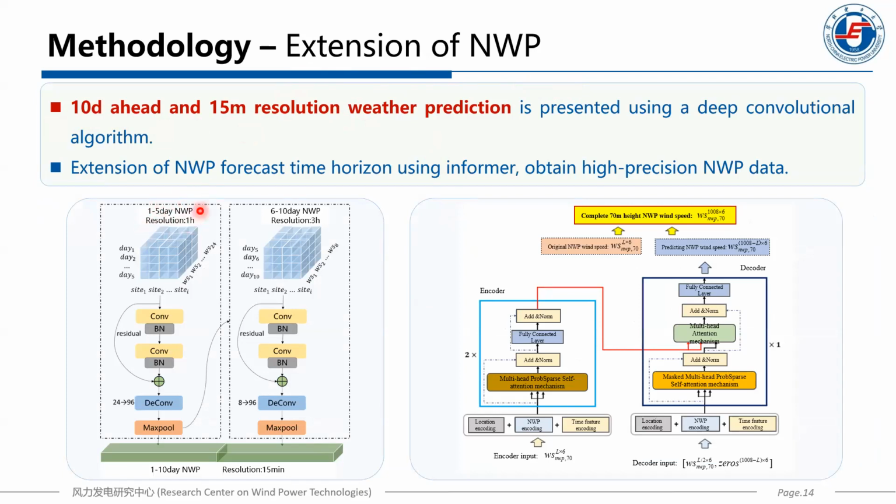We also use the NWP data, 1 to 5 day NWP data and 6 to 10 day NWP data, and use AI algorithms to merge these 2 kinds of NWP and the real wind measurement data to generate the extended horizon result.